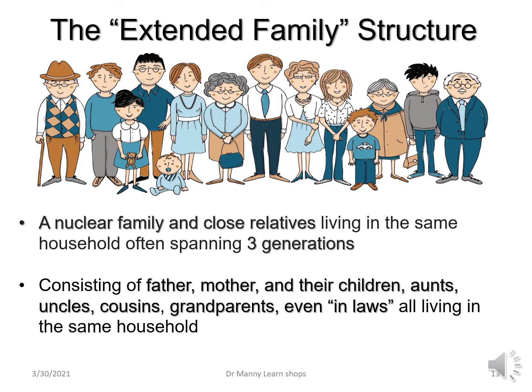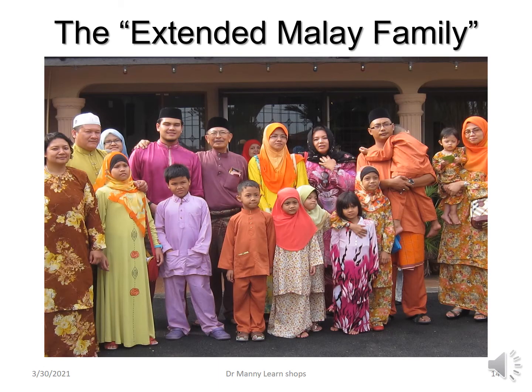The extended family structure is a nuclear family and close relatives living in the same household, often spanning 3 generations. In the extended family, you've got father, mother, their children, aunts, uncles, cousins, grandparents, even in-laws, all living in the same household. This is an example of an extended Malay family.